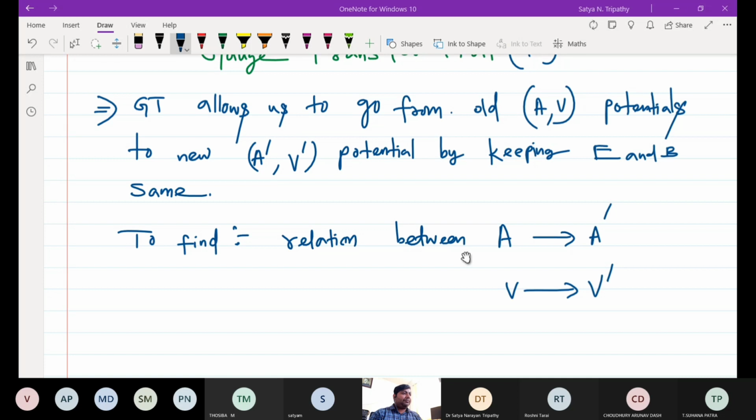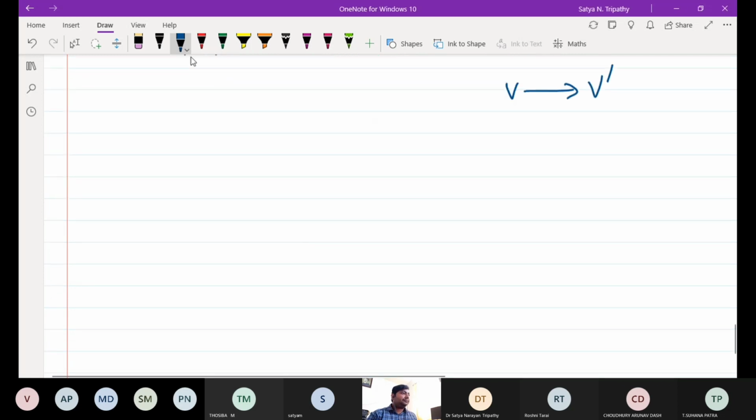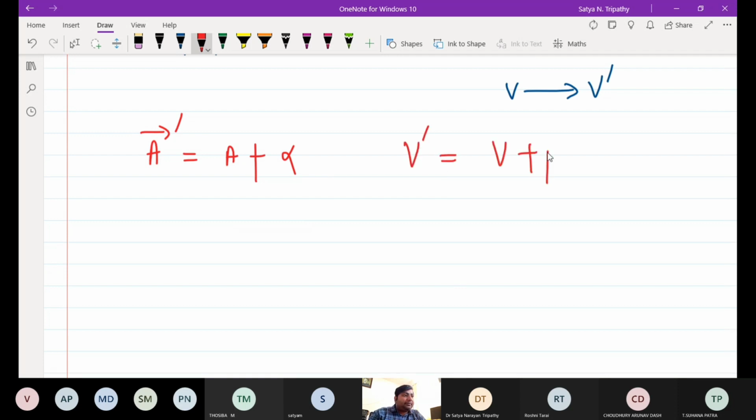In any problem, the main objective is to find the electric field and magnetic field, either from the source charges or from the potentials. So let me do that first. Let A dash be A plus alpha, and V dash be V plus beta.